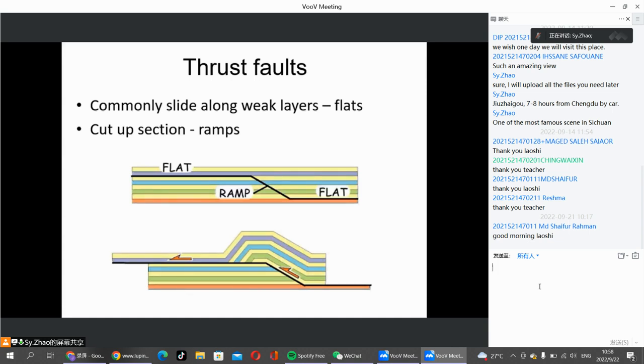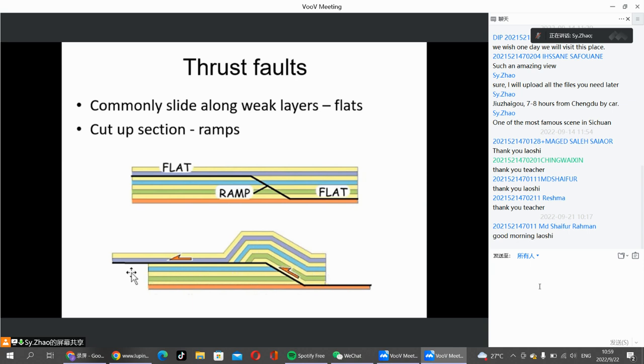Yeah, like I said, when the dip angle of reverse fault is less than 30 degrees, we often call it a thrust fault, like this. And it commonly slides along some weak layers on the flat portion and cuts off the section in the ramp portion.